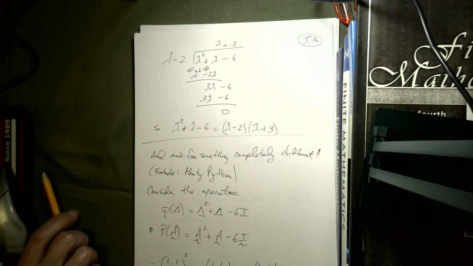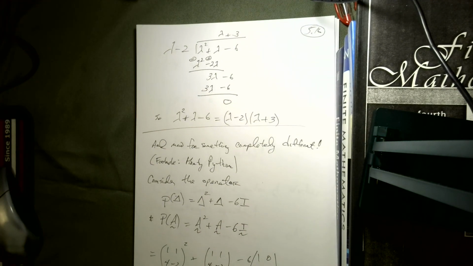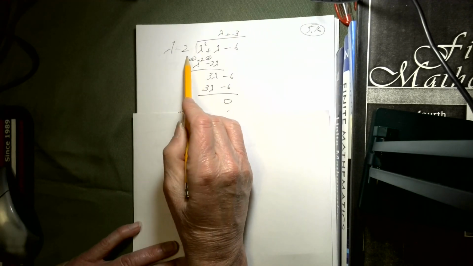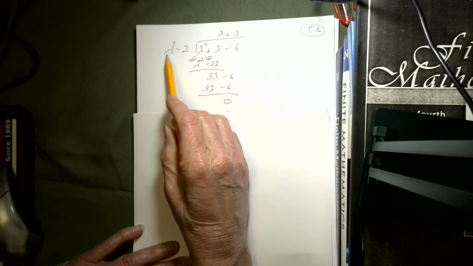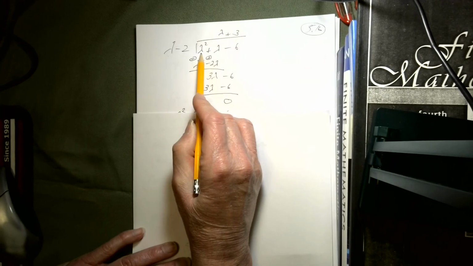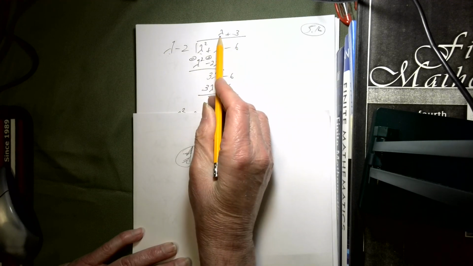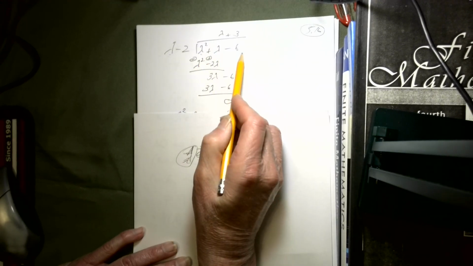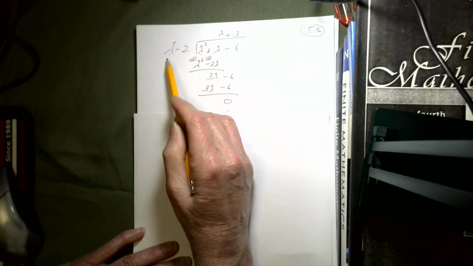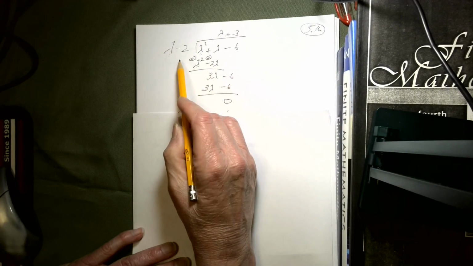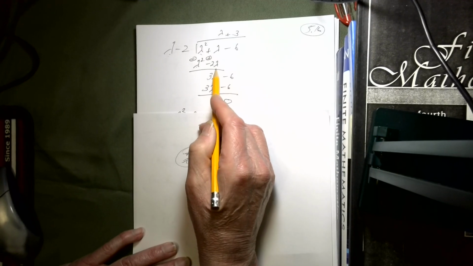So we can go through our long division. I take lambda minus 2 into this. What times lambda gives me lambda squared? That would be lambda. Think of this as long division, dividing a 2-digit into a 3-digit. Lambda times that is lambda squared minus 2 lambda, subtract.